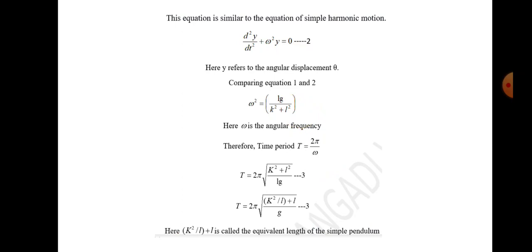This is called equation number 3. You can finish it here itself, no problem, or also take the common factor: divide by l, both numerator and denominator, so k²/l plus l divided by g, and l gets cancelled here. This is equation 3.